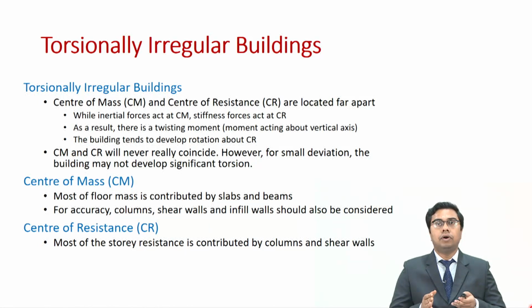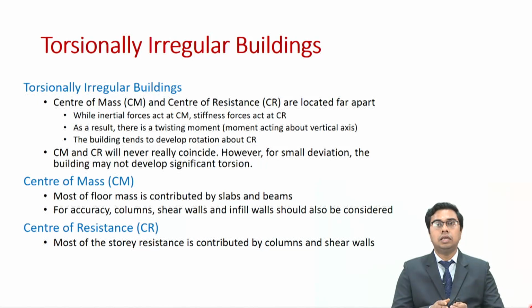Let us understand why. We are already aware that in case of any structure subjected to dynamic excitation, we have an inertial force, and we also have stiffness force or the force of resistance.